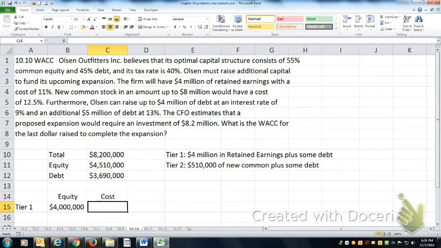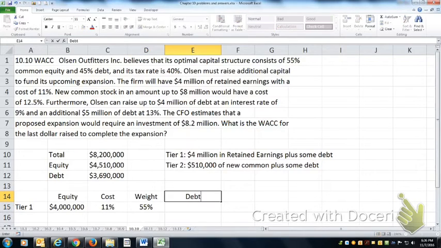It's given in the problem that the cost of equity is 11%, and the weight would be 55%. So they're going to have to raise some debt though, and they're going to have to keep the proportions the same.